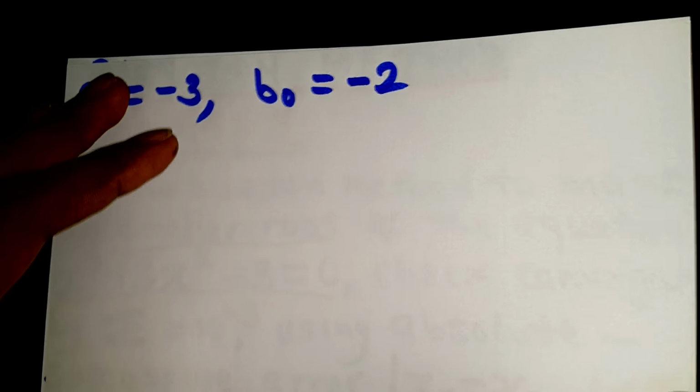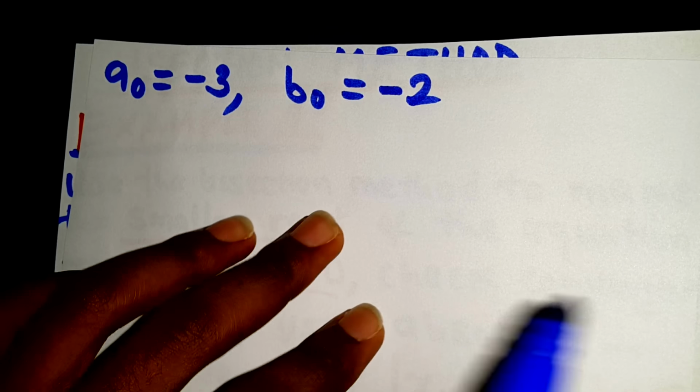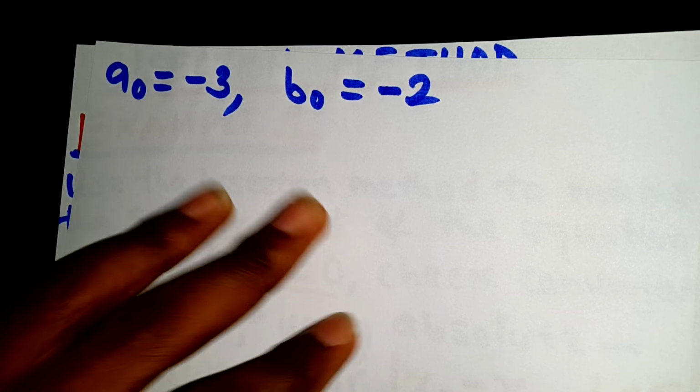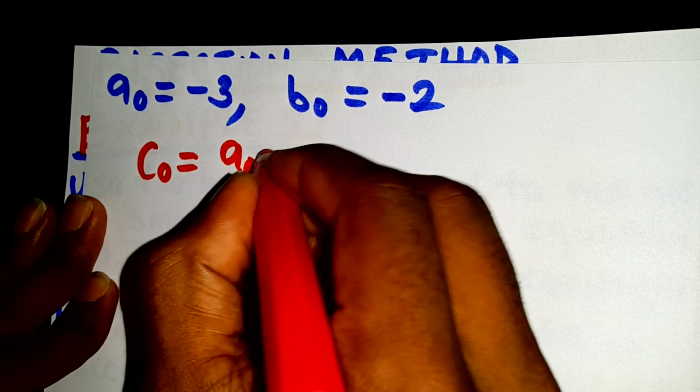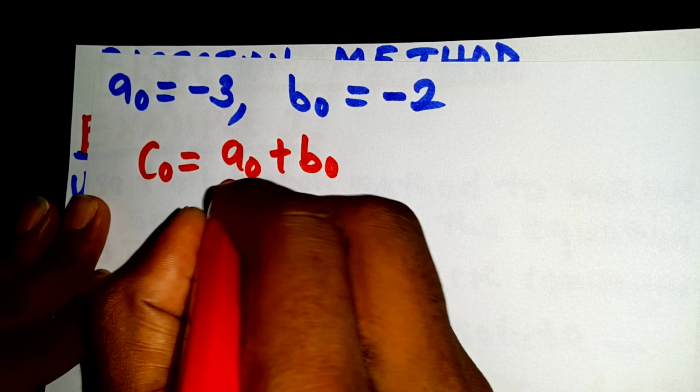So we also need C naught. To find C naught, the formula is A naught plus B naught divided by 2.